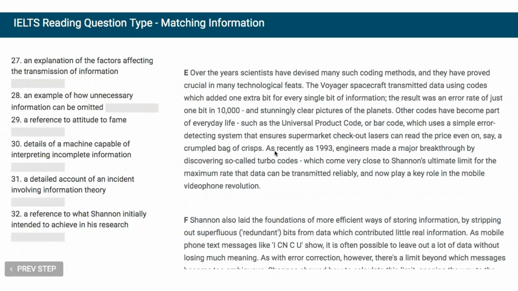We're almost finished here. And I'm going to go ahead again and just scan for the keywords that we looked at. Okay, now I see something here. Error detecting system. This looks very specific. Okay, and it gives you a very detailed account. It says here, it ensures supermarket checkout lasers can read the price on a crumpled bag of crisps.